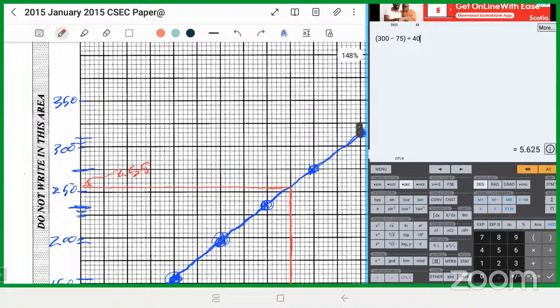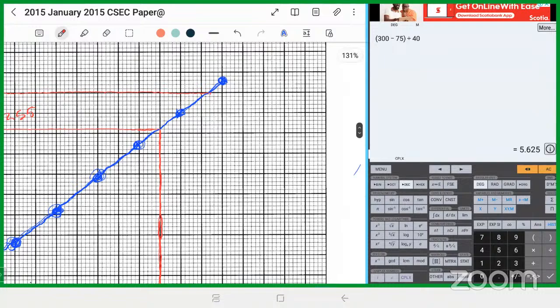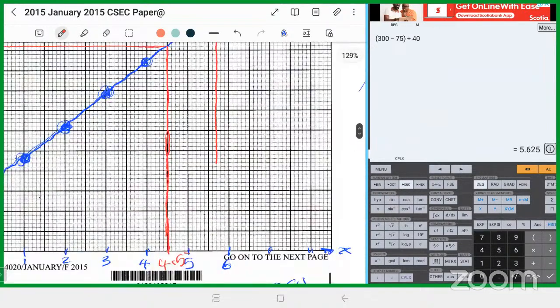Right, come across on the graph, and you read it down. All right, I'm getting 5.57.